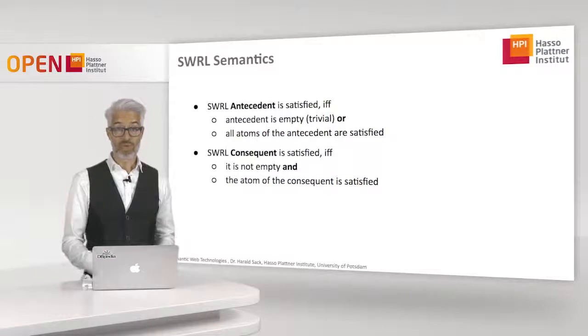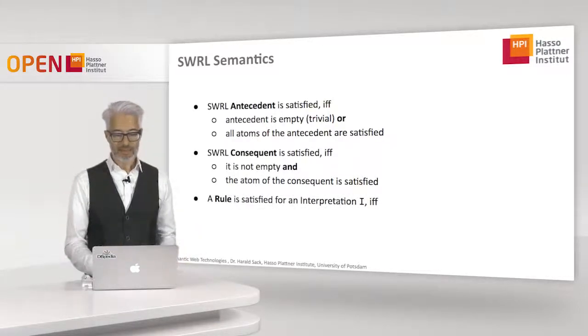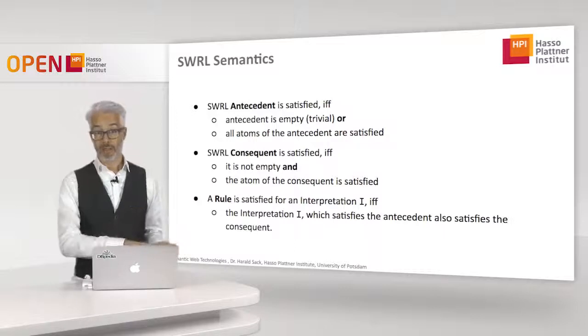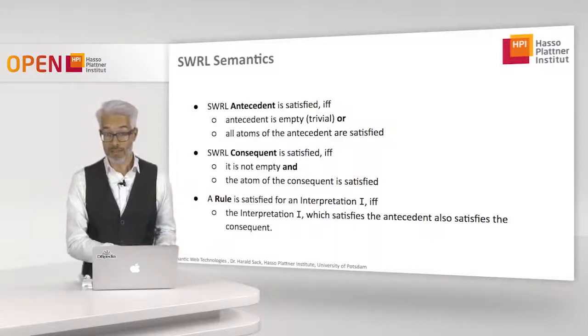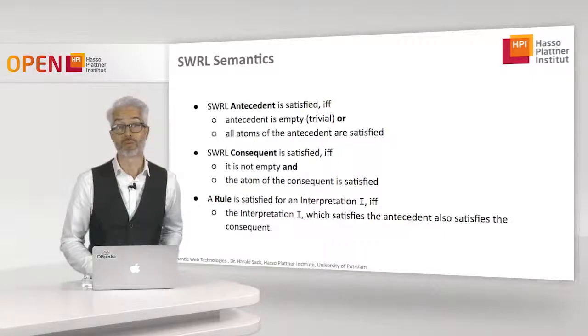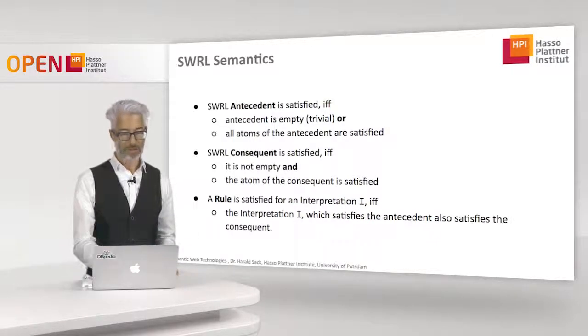And now we can say when an entire SWRL rule is satisfied for an interpretation I: it's satisfied if and only if the interpretation I which satisfies the antecedent also satisfies the consequent. And this is what we need for a SWRL semantics. So it's pretty straightforward, as you see here.